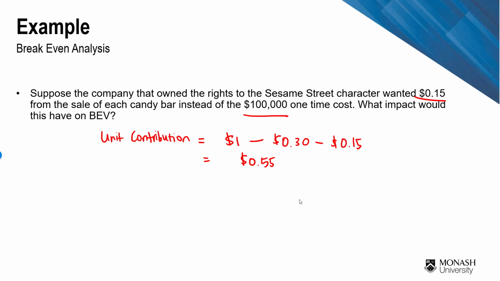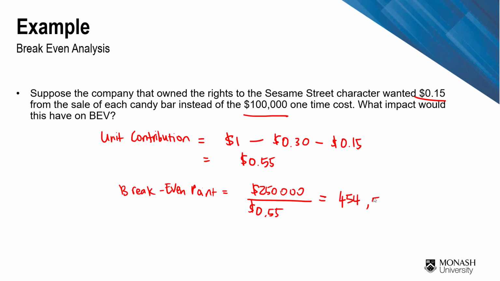My unit contribution changed to 0.55, or 55 cents. And my break-even point will be equal to 250,000 divided by 0.55. And that is going to be approximately 454,546 candy bars.